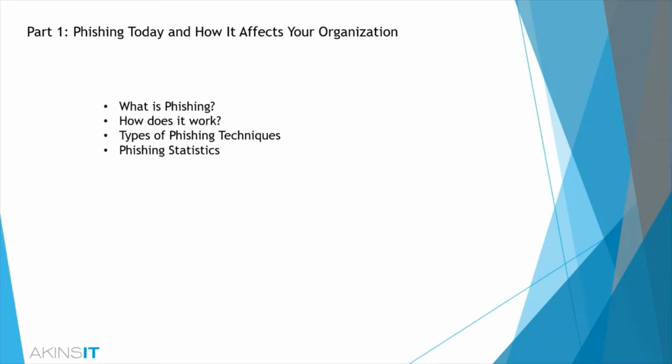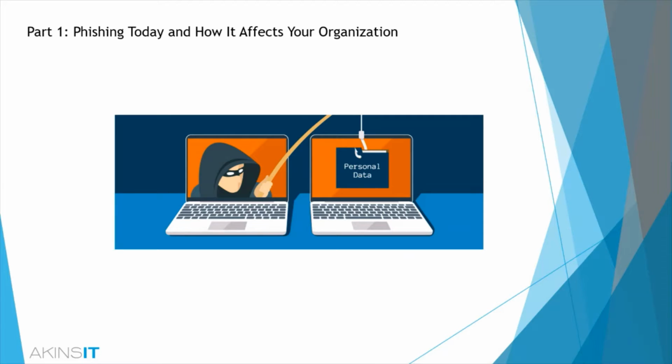Okay, so here's part 1 where we're reviewing at a high level what is phishing, how does it work, the types of phishing techniques, and phishing statistics. So what is phishing? By definition, it's an attack on individuals in an attempt to steal sensitive information through emails, websites, text messages, or other forms of electronic communication that often look like official communication from a legitimate company or individual.